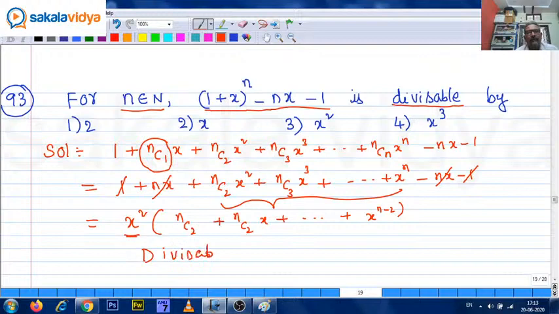Third option is the right option. Divisible by x also, but exactly divisible by x square.